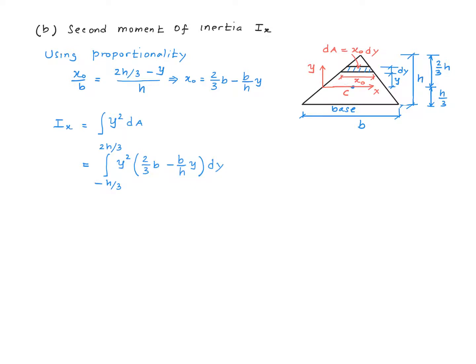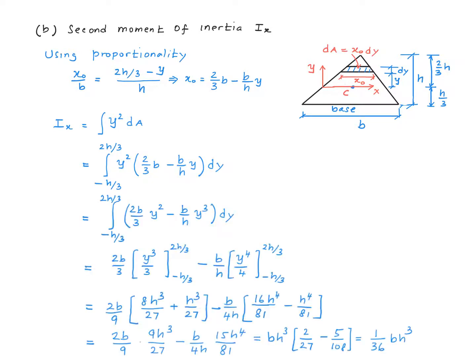And therefore y must go from minus h over 3 all the way to 2/3 h. You can easily follow the remaining steps, so I'll let you do that. The expression we get for Ix is 1 over 36 times b h cubed. Note that b is the dimension parallel to the axis and h is the dimension perpendicular to the axis.